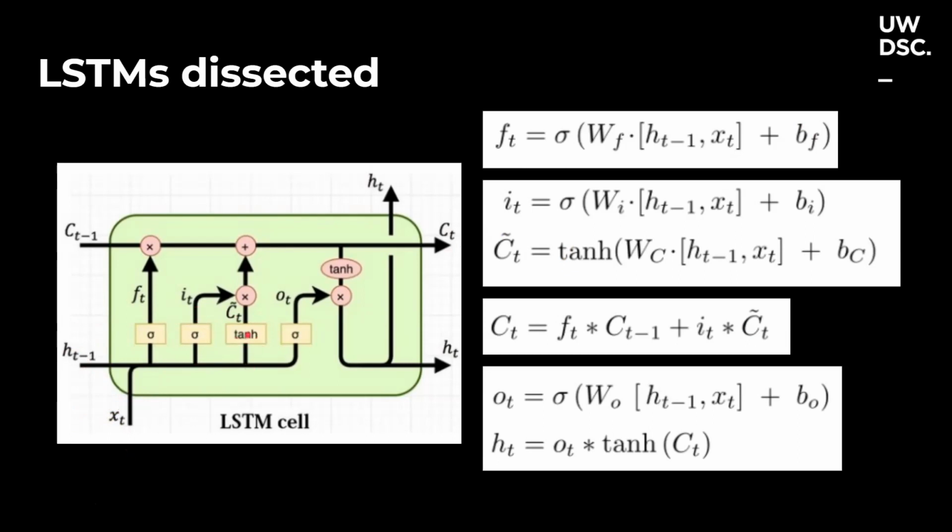You go into this tanh, and you have something from -1 to 1. Then you multiply them together and add it to the cell state. So essentially it selects information from the hidden state and decides whether something is important to add into the cell state.